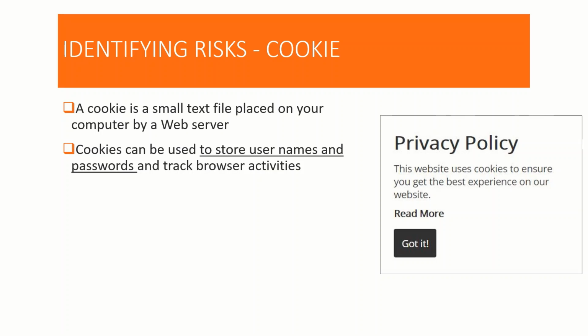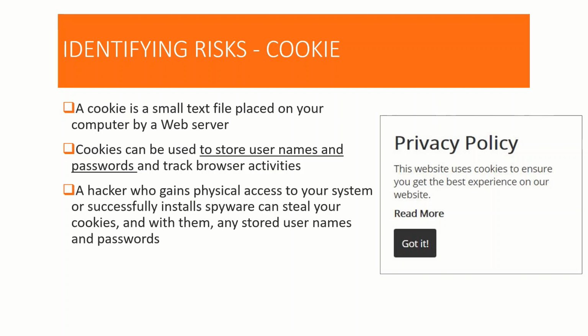In a normal internet transaction, cookies are read only by the server that placed them on your system. However, a hacker who gains physical access to your system or successfully installs spyware can steal your cookies, and with them, any stored usernames and passwords.